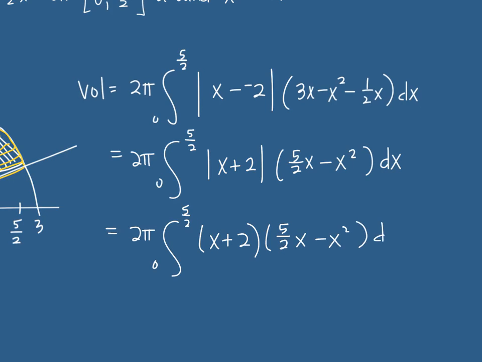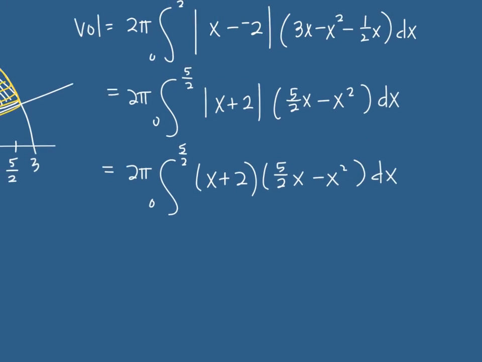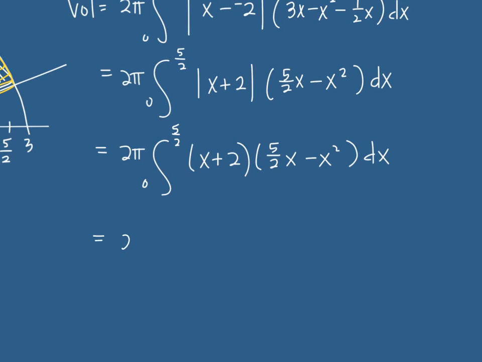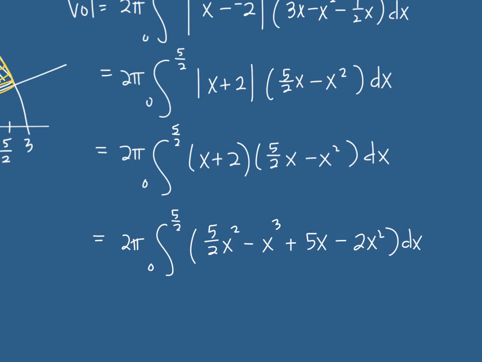In order for me to do the antiderivative of that, I would need to do the algebra of FOIL first. So I FOIL that: 5/2 x squared minus x cubed plus 5x minus 2x squared. Okay, that's FOILing each term.